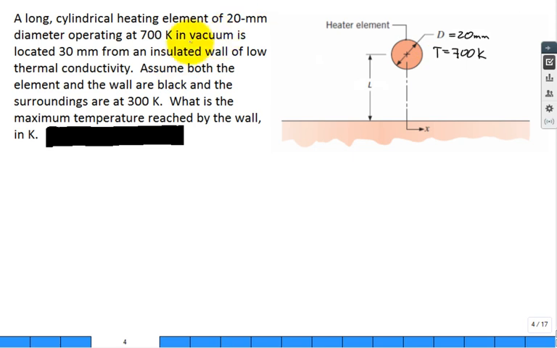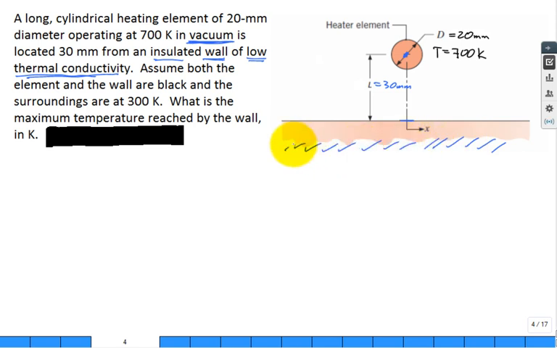When it says vacuum, what do you think that means? Something about natural convection? Negligible. Only radiation. It's located 30 millimeters from an insulated wall of low thermal conductivity. So this is 30 millimeters. It looks like it's from the center of the cylinder to the surface of the material, which is a wall with low thermal conductivity, and it's insulated on the backside.